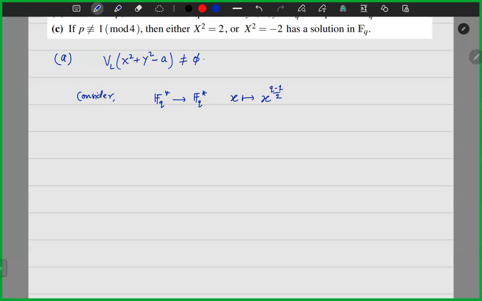This is a homomorphism, right? Some element goes to some element, because q minus 1 is even, so this is some integer, this belongs to the naturals. I'm just defining it.